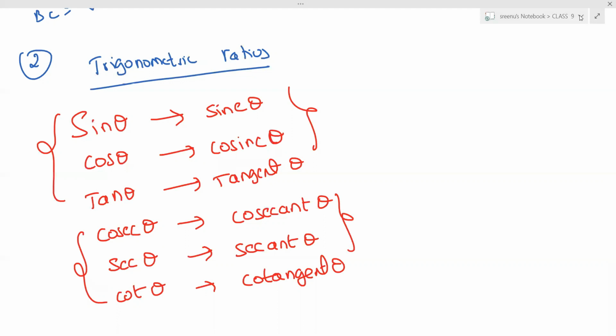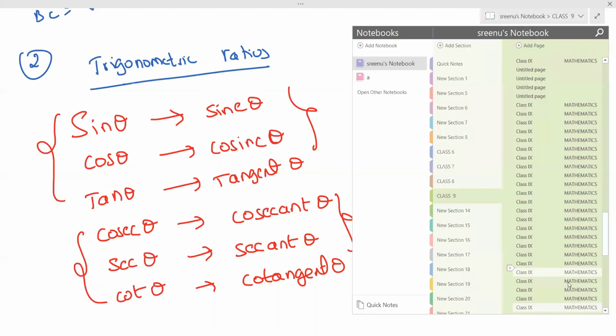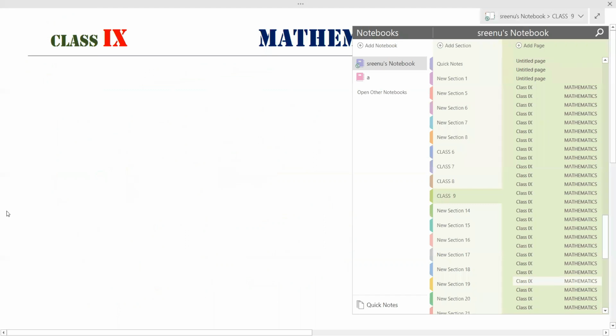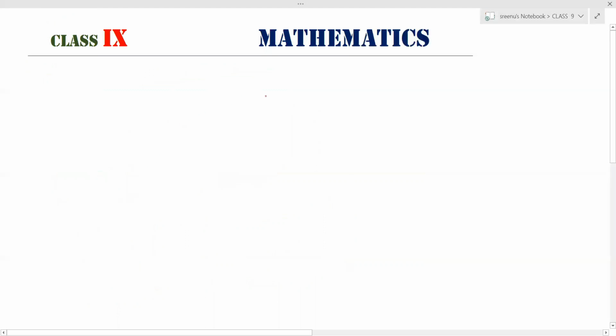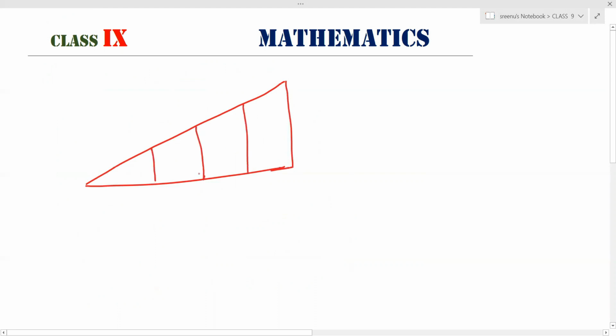We do have some similar triangle activity, but we don't do that now. Just briefly we will go. There is a similar triangle activity which will be like this. We can take the sides like this, and some perpendiculars we have to take.